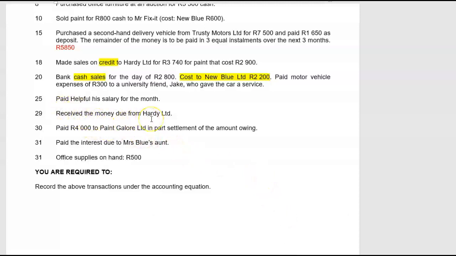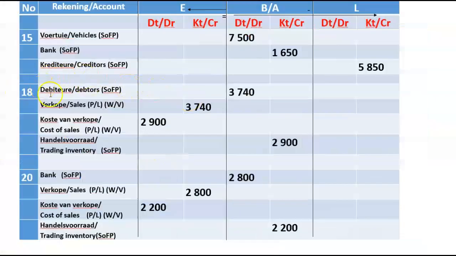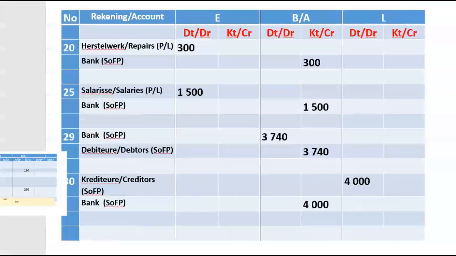Receive the money due from Hardy Limited. Remember, we made credit sales of 3,740 Rand to Hardy Limited. Now remember here, we only received the outstanding amount. When we created this initial transaction, we debited debtors and we credited revenue. We cannot credit revenue again, we've already done so. The only thing that happens now is that Hardy is actually paying his outstanding account.